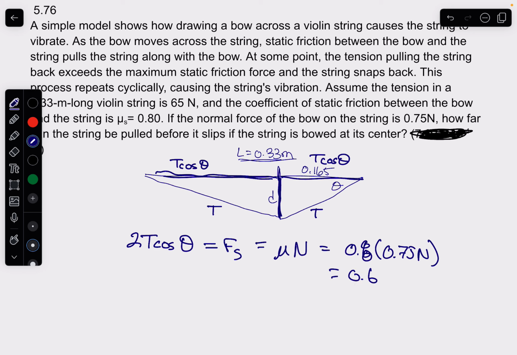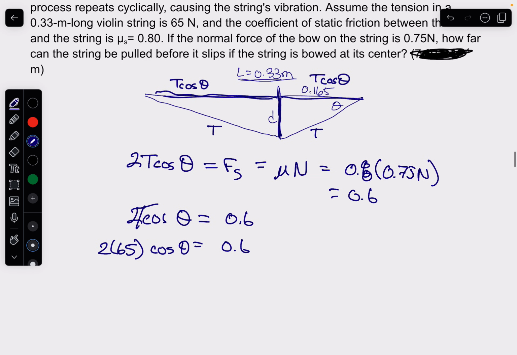That's what it was. So if you know this, now we have an equation where we can say 2T cos theta equals 0.6. Now you're going to solve for theta, and we know T is 65, so 2 times 65 cos theta equals 0.6.